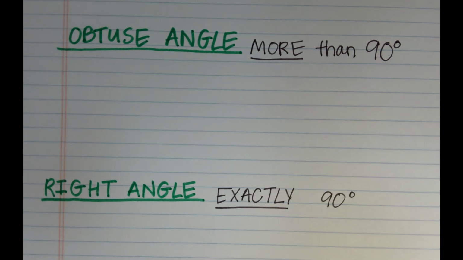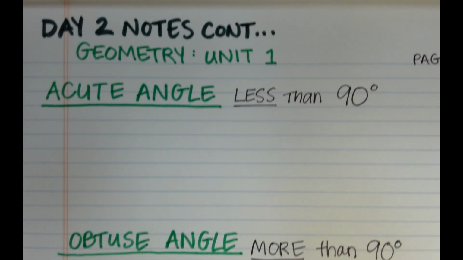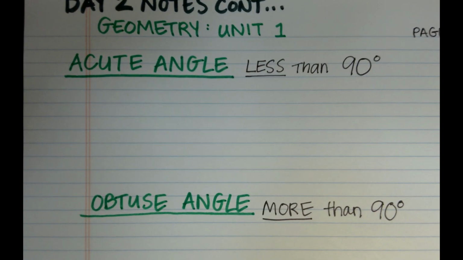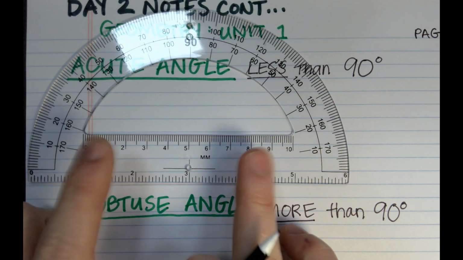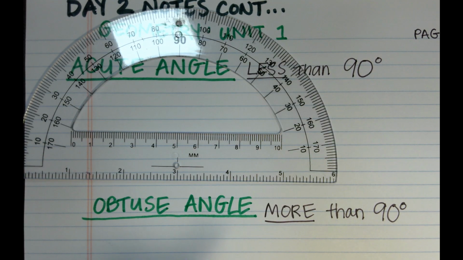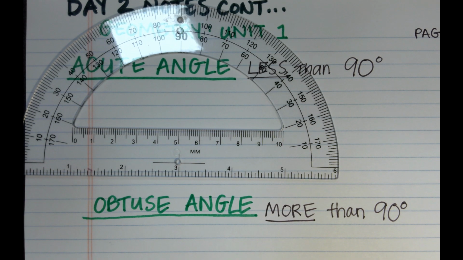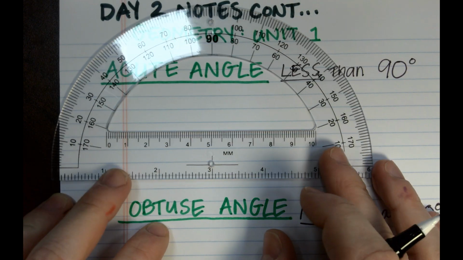Okay. So let's draw some of these. We'll draw a few examples of each type. So back up to the acute angle. Let's bring our protractors. I'm always forgetting the name of this tool for some reason. And what we're going to do is draw some acute angles.